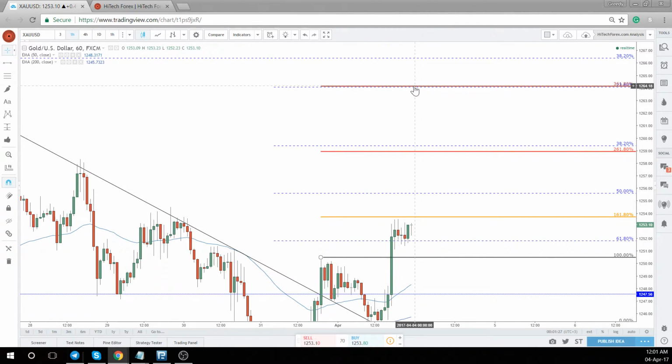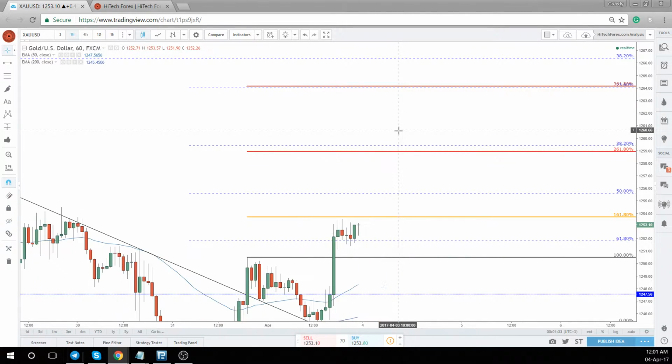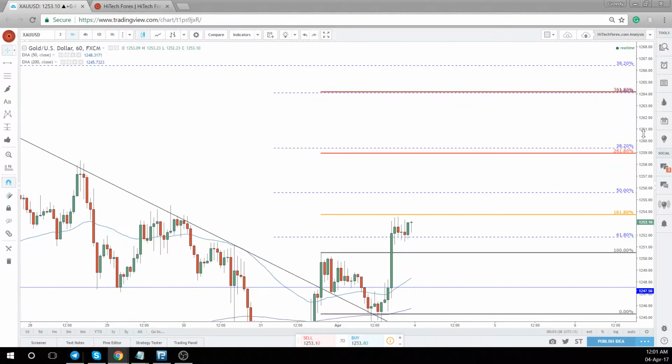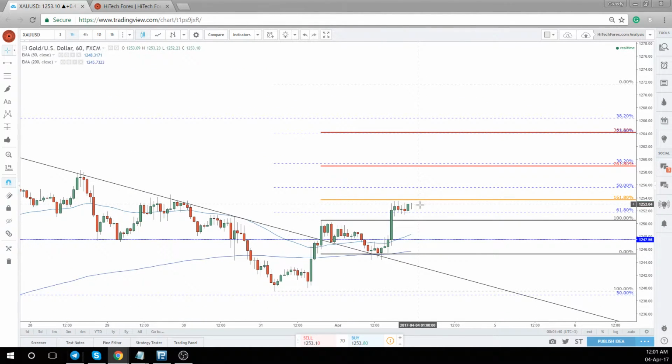So basically they are making a very nice resistance area at 1264. And this is the level I'm targeting when I bought gold just now at this price. Our entry price was 1253.